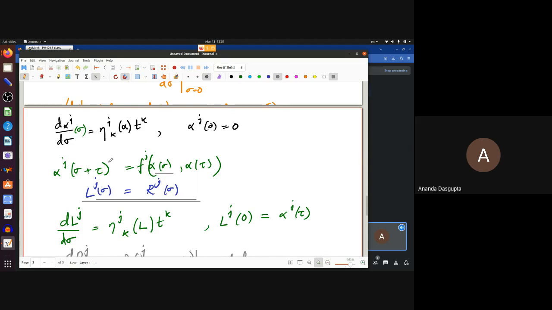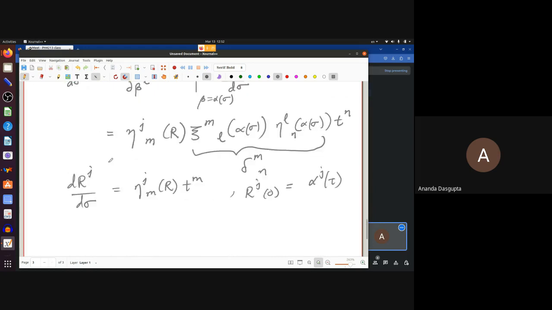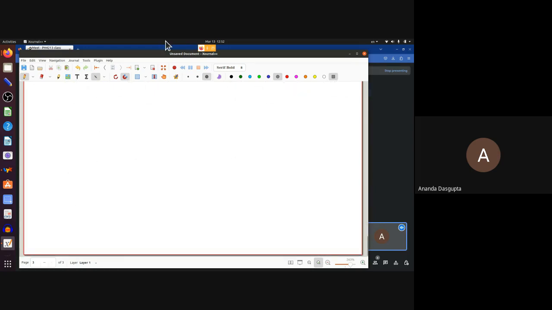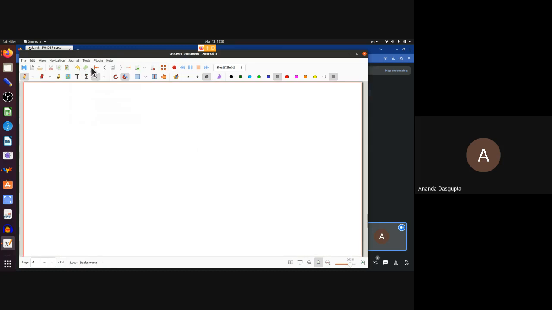Any questions so far? Okay, none. What I'm going to do now is move on. I said we will not solve the equation, but we will figure out some things about the equation which are enough for us to introduce the notion of canonical coordinates of the second type.